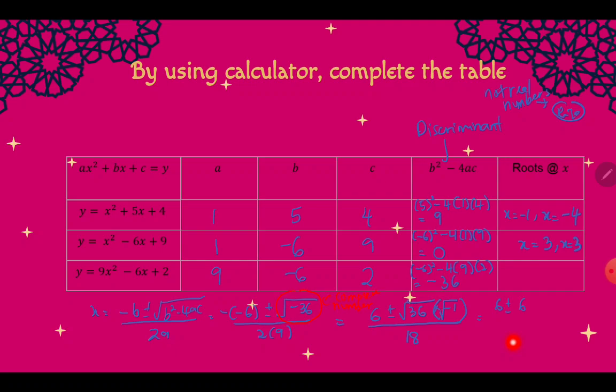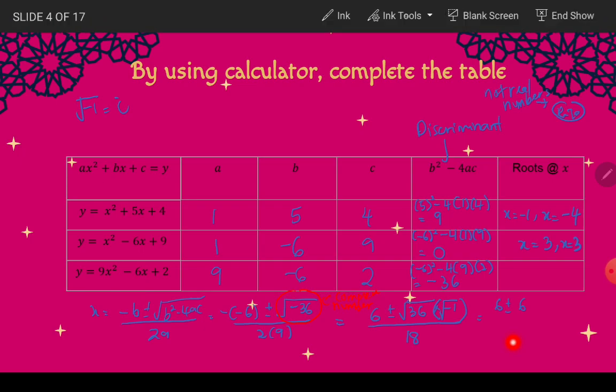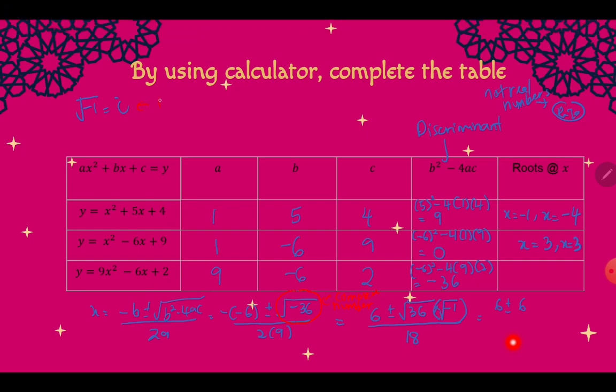However, negative 1 inside a square root is what we call an imaginary number. Square root of negative 1 is equal to i, which we call the imaginary number.